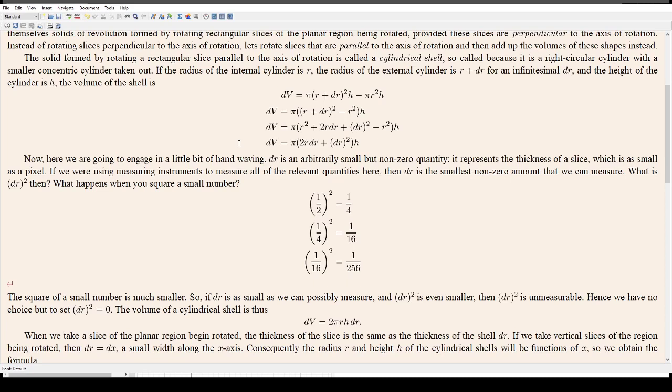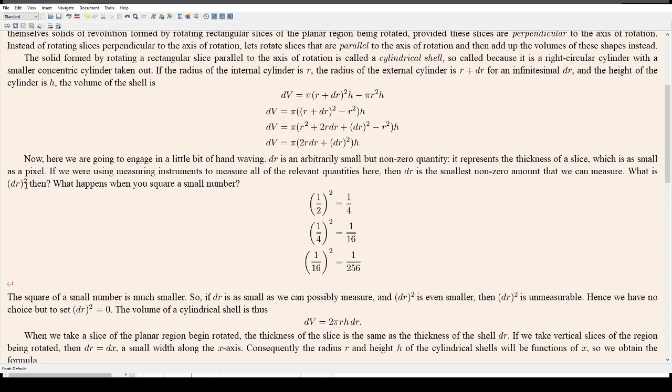If you're using a micrometer, for instance, to measure the thickness of the shell, you will find that there is a smallest possible thickness that you can measure, and you can't measure anything below that. Like, for instance, if you had a handheld micrometer, you can't measure the thickness of an atom. Now, dr is as small as we want it to be. It's arbitrarily small. So let's just assume that dr is the smallest amount that we can possibly measure.